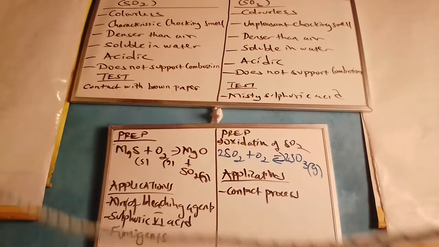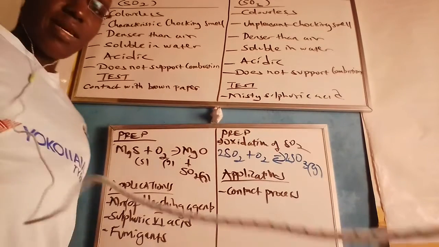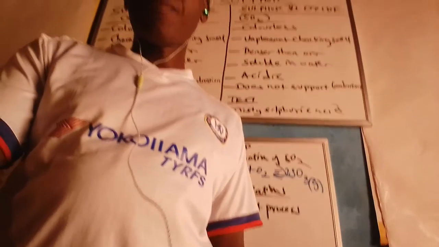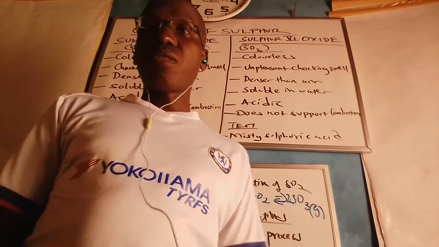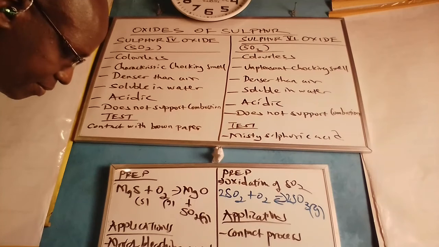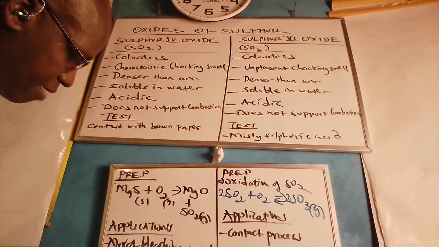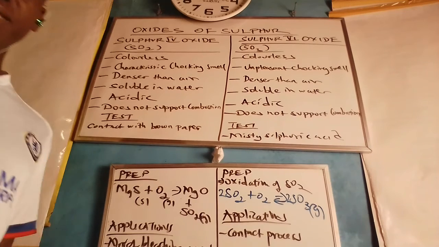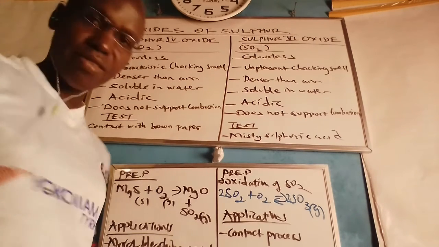And then they have bleaching properties, and they can be used as fumigants to kill bacteria, and also they can be used to manufacture germicides and pesticides. So all these are fumigants, germicides, pesticides, and insecticides.